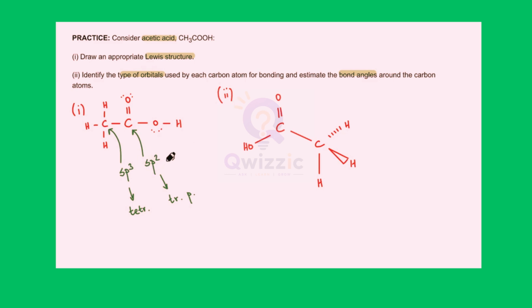Essentially, we're going to use the same orbital, that would be more accurate to say, for the overlap. So when we consider our sigma bonds, those would contain the sp2 overlap. We're going to say sp2 for the carbon-oxygen overlap. Then we have the carbon-carbon overlap, which also involves an sp2 orbital.